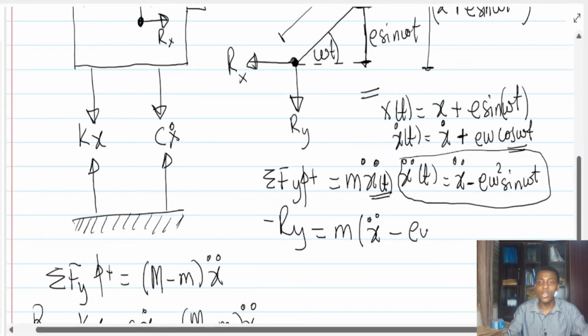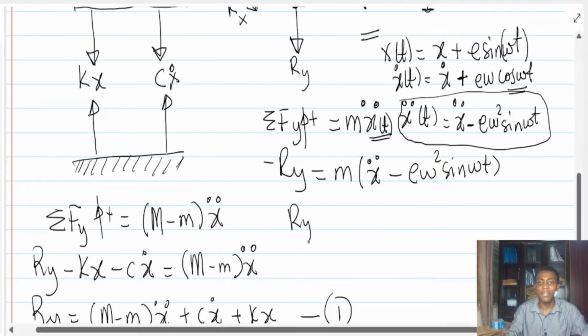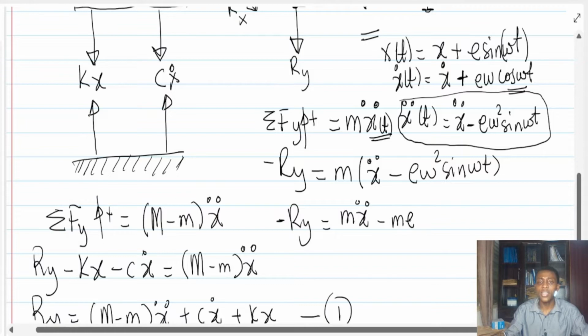So we are going to get e omega squared sine omega t. Having gotten this, I can clearly say that minus ry is m x dot dot minus m e omega squared sine omega t. So that is my ry.